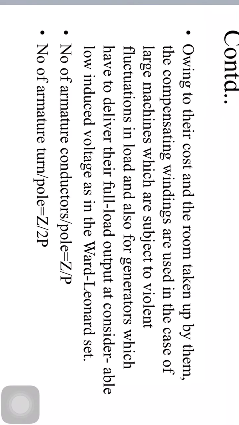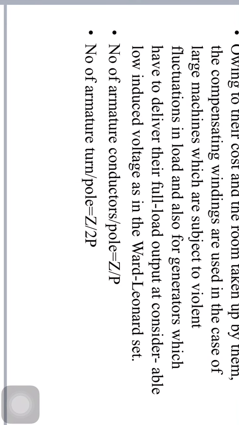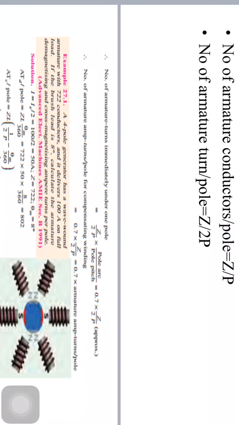Now by using the compensating winding, the number of armature conductors per pole is equal to Z by P, and the number of armature turns per pole, since 2 conductors make 1 turn, is equal to Z by 2P. Now the number of armature turns immediately under one pole is equal to Z by 2P into pole arc by pole pitch.